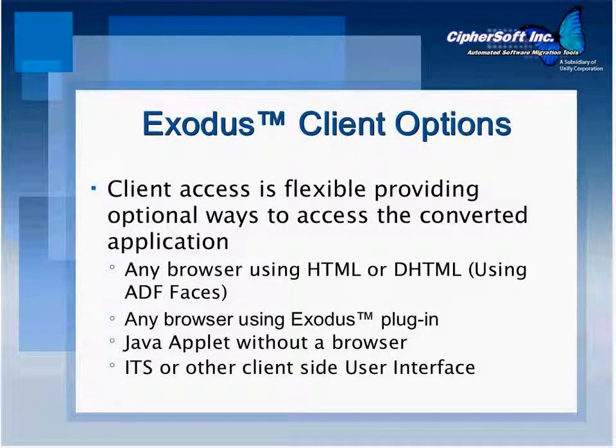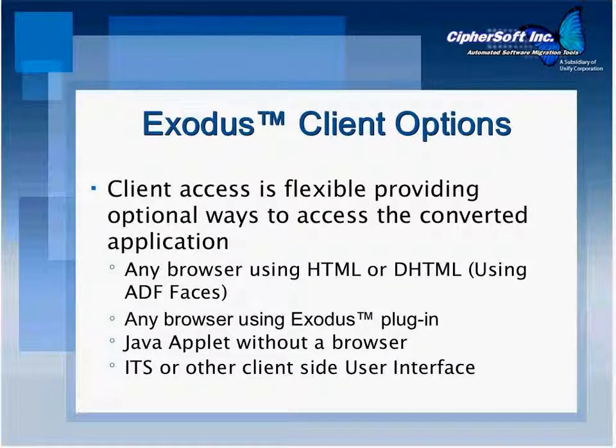There are all sorts of options, and I think the most important thing to understand is that in going to your Java environment, you may have different requirements for your users based on where they're located or what their requirements are. Exodus gives you that choice by form, by module, by application, however you'd like to convert.